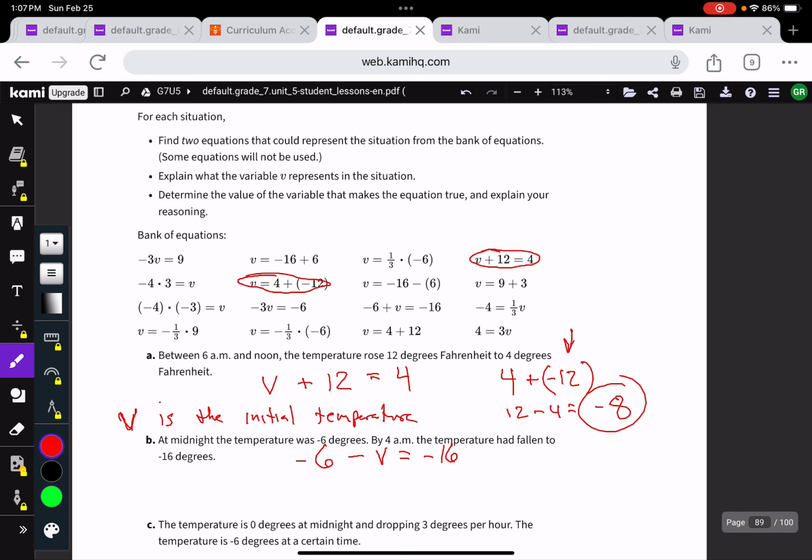Guess what? Another way we could rewrite this is, instead of subtracting, it might be adding a negative. They're not telling us V is negative, but if it says it had fallen, then V is probably a negative number, which is why this is the way they're writing it.